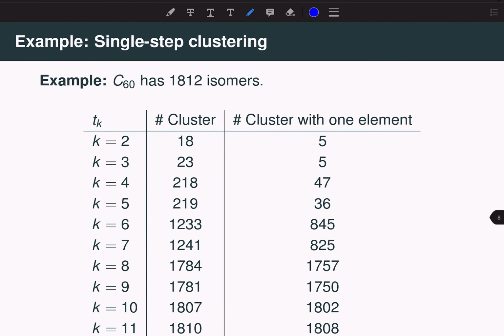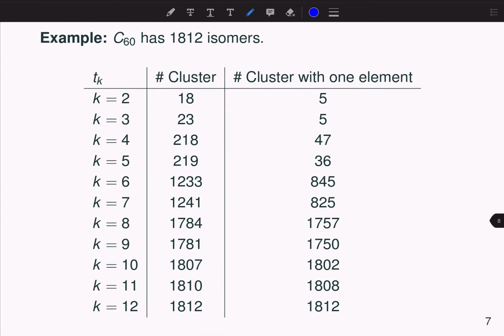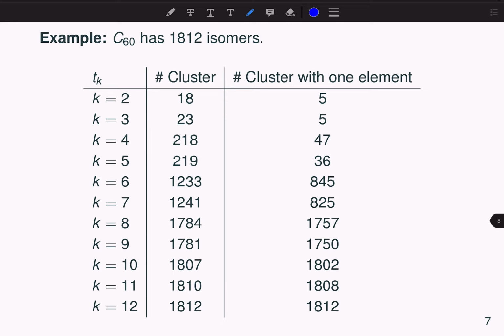Here I would like to present one basic example. We consider these 1812 isomers of C60, and we use the single-step clusterization. In our paper we presented some other methods as well, but this is the easiest one. So for every k we compute the Newton polynomial of degree k, and we check how many different values we get.